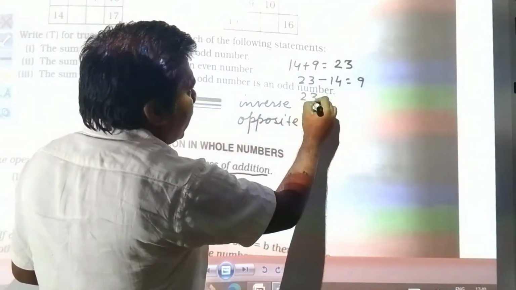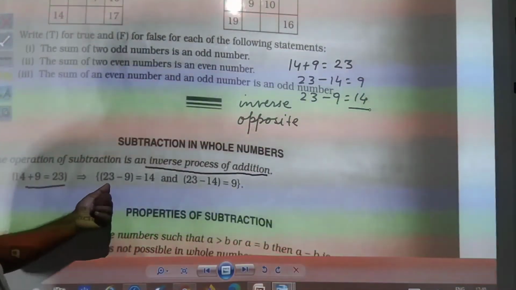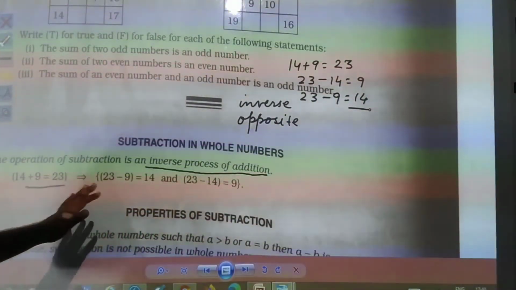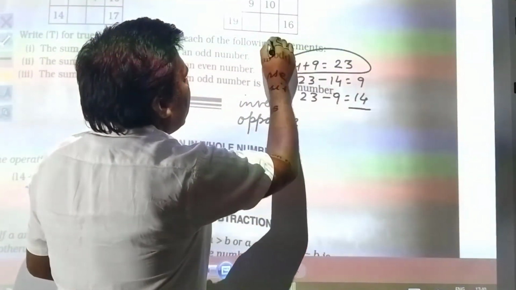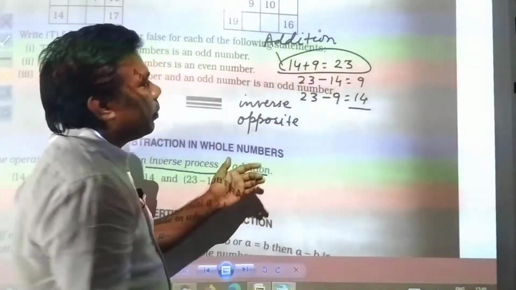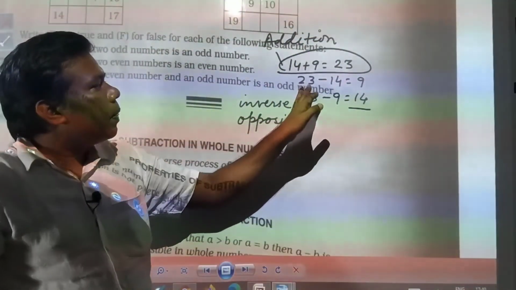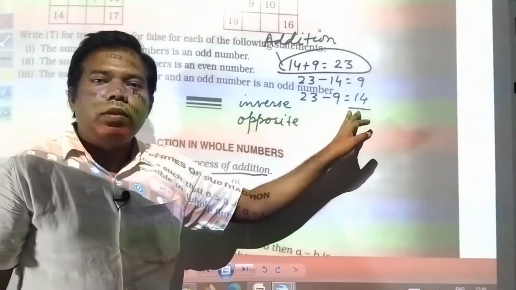Or from 23 we subtract 9, we will get 14. Here 14 plus 9 is 23, that is addition, already you know how it is done, and this is subtraction, just opposite to it. 23 minus 14 is equal to 9 and 23 minus 9 is equal to 14.